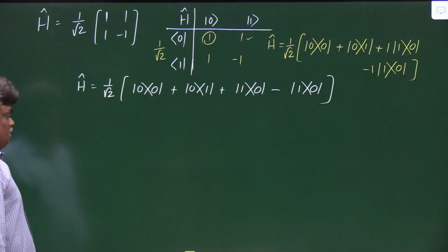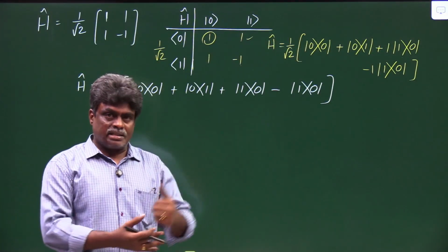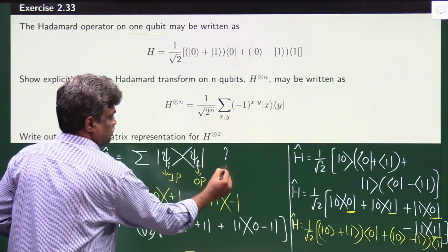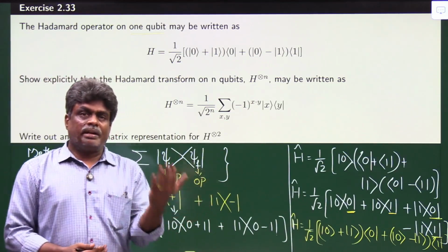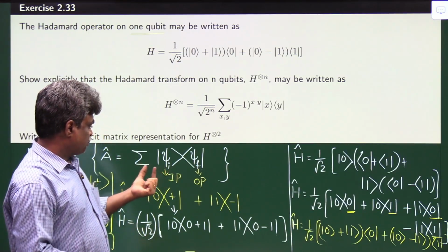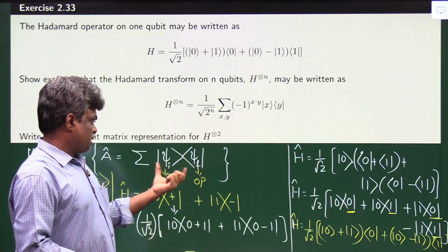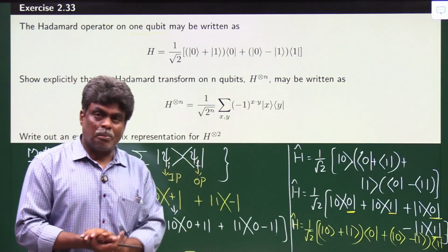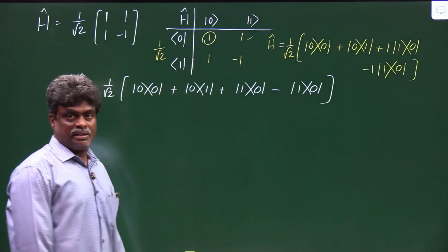Here we have used the technique from the matrix representation, and this rule is valid for any operator. If you want to write any operator in the outer product form, you just have to take a summation, a combination of these outer products, where the ket is the output and the bra is the input. I think this is a little bit easier than that.